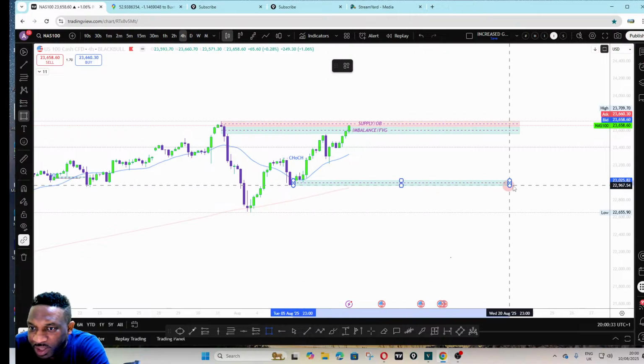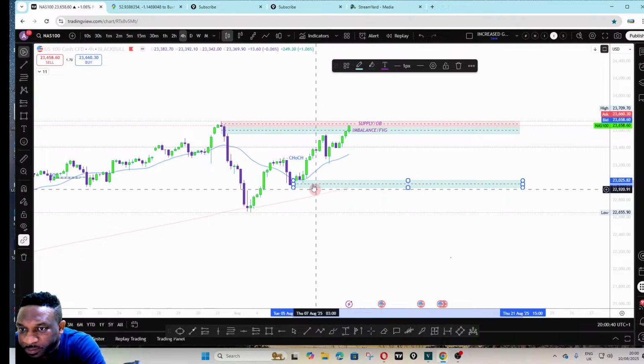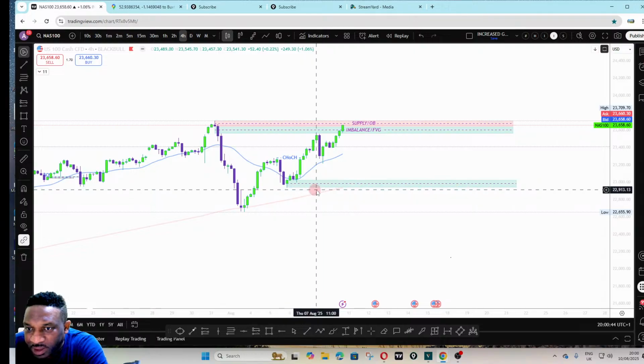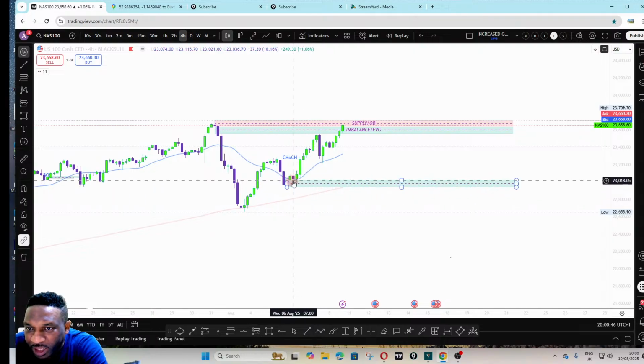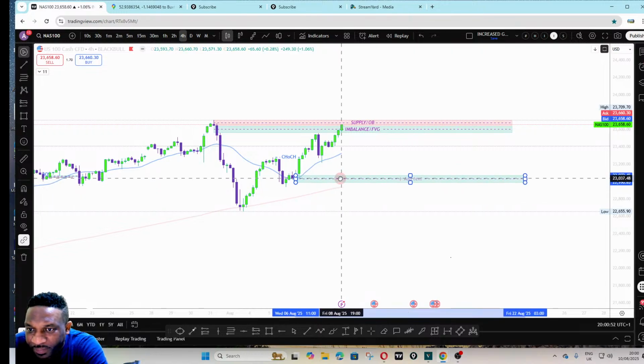I want to take the last candle, but let's see how it goes. So that's the last candle. But in the actual sense, in the move, we had a pause here, a hold above the 20 moving average. So I prefer to take it from here.